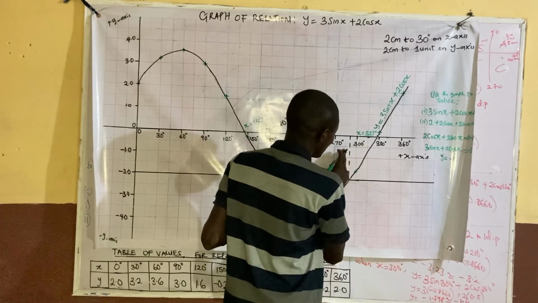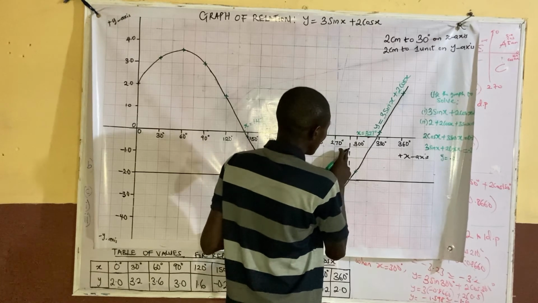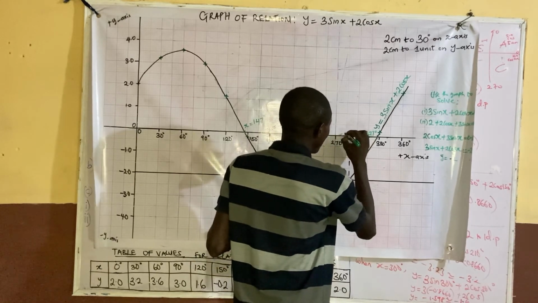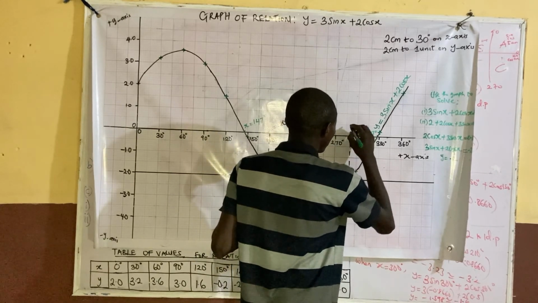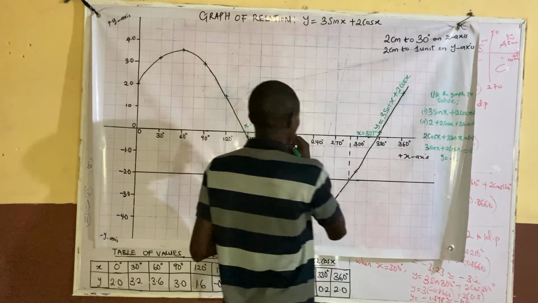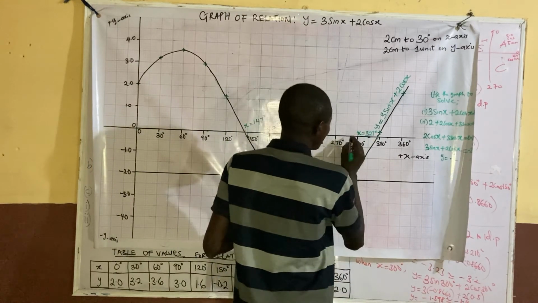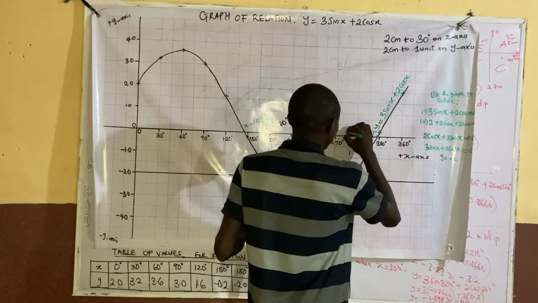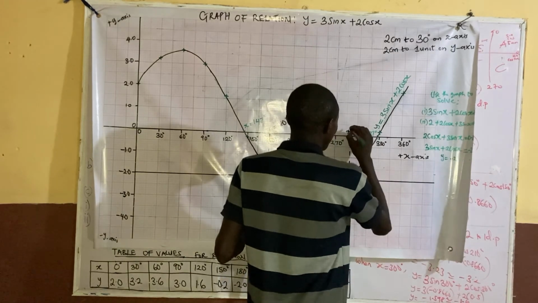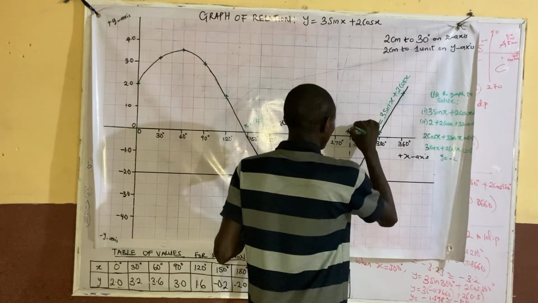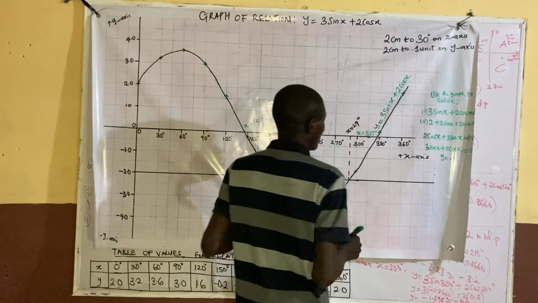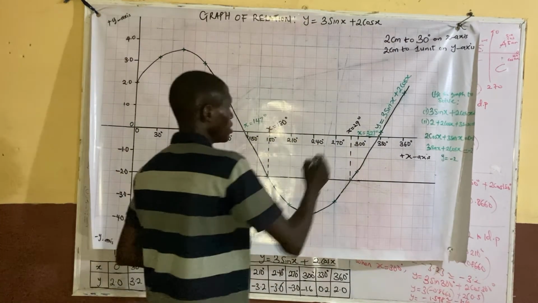This is 291. So x here for the solution of this, let me call this one x, another x, this is 291 degrees.